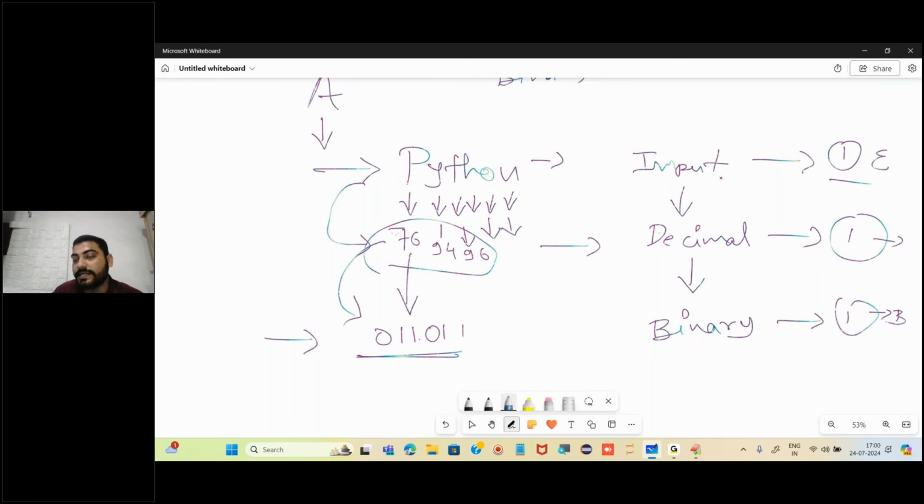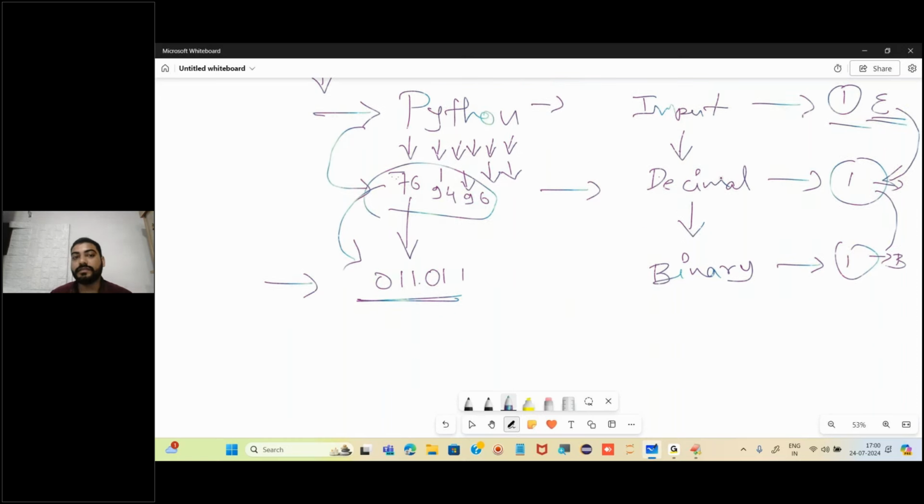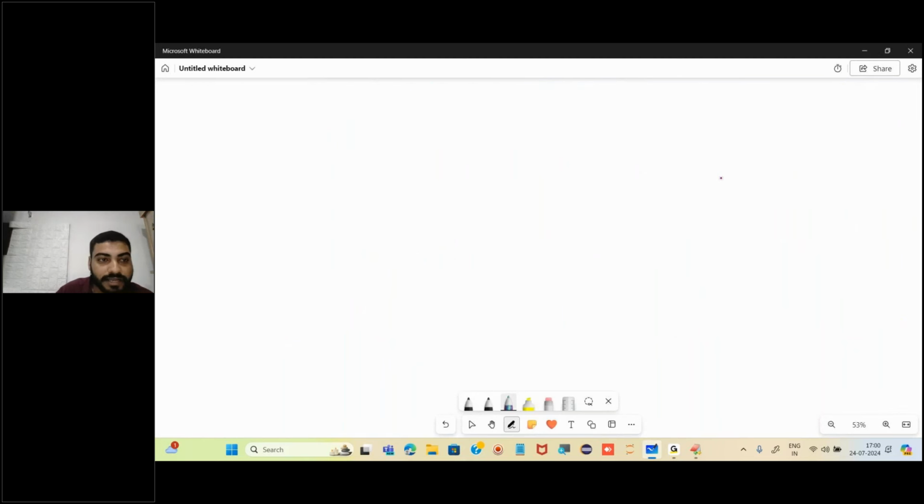He will translate it. Actually, it is not exactly the scenario, but just as an example I am telling you. To translate this particular value, it is first translated into decimal, and then this decimal is translated into binary language. Are you getting it, guys? Is it easy? Right? So, for communicating with the system, we need a programming language.